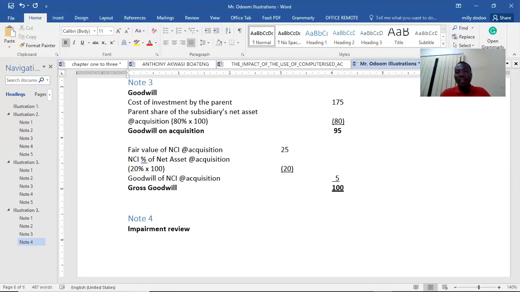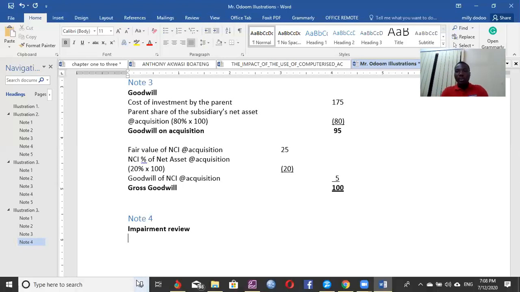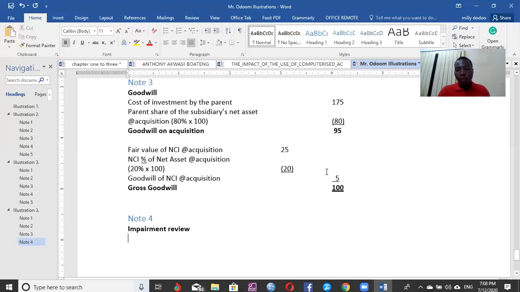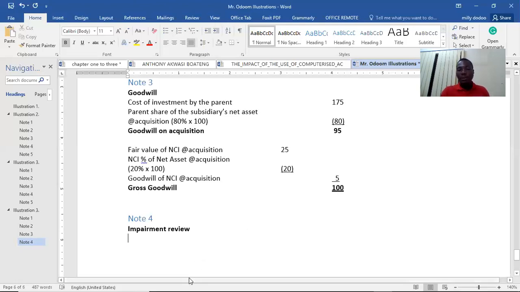So when goodwill has suffered a loss, we say goodwill has what? Impaired. So anytime this goodwill of 100 here has reduced to 70, the 30 is the impairment. Take note, the 30 will be the impairment. Any loss that will affect this 100 is the impairment.